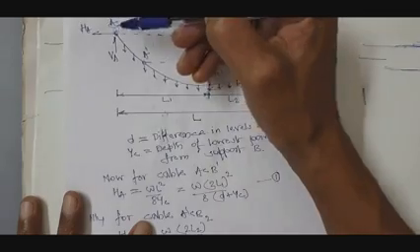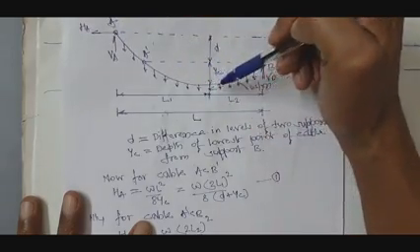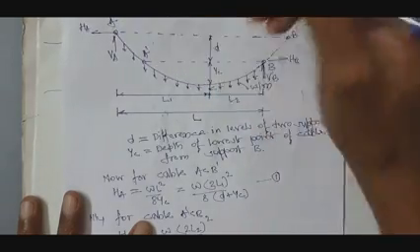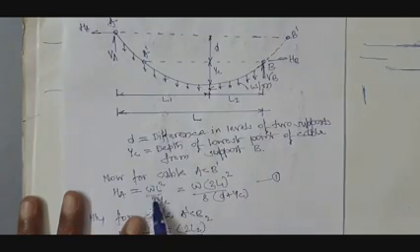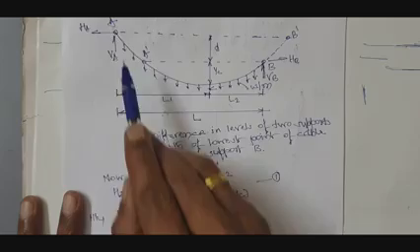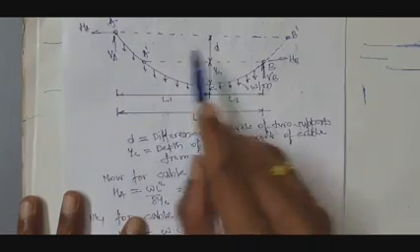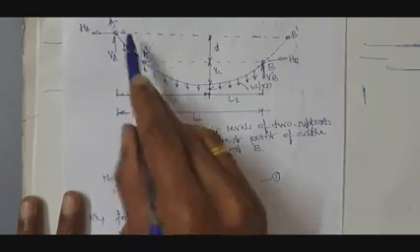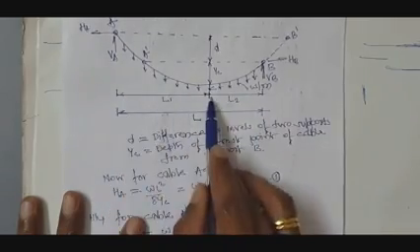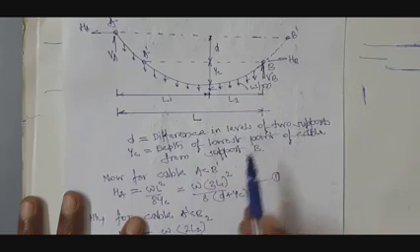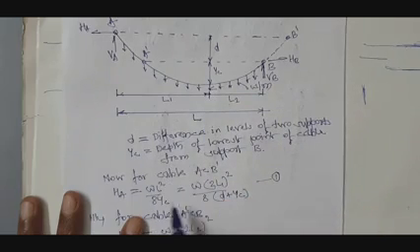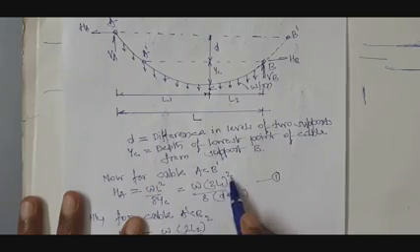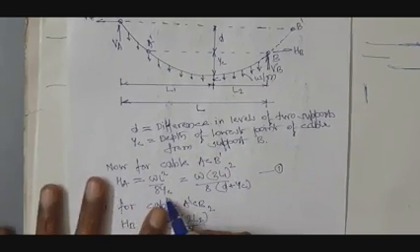Here L is the distance between the supports at the same level, that is AB dash. This is L1, and this again is L1, so L is equal to 2L1. So the span is 2L1, and HA is W into (2L1) square by 8 YC.